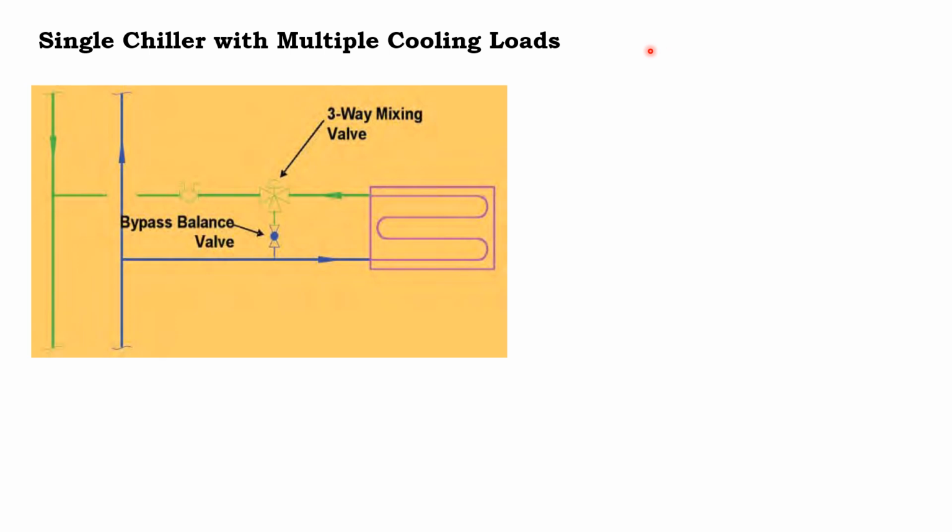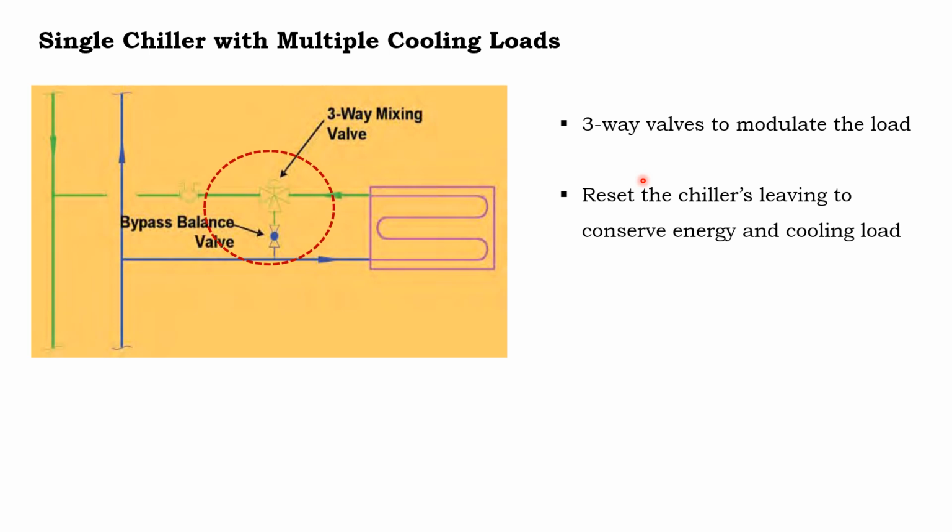It is the simplest strategy which can take care of the variable flow requirement, but it has its own challenges and issues. So let's discuss. A three-way valve is required to modulate the load at the cooling coil. The second is the reset of the chiller leaving temperature, required to conserve energy and match the cooling load demand.